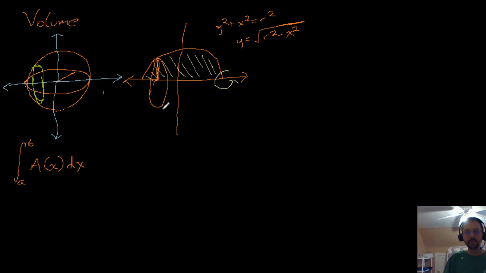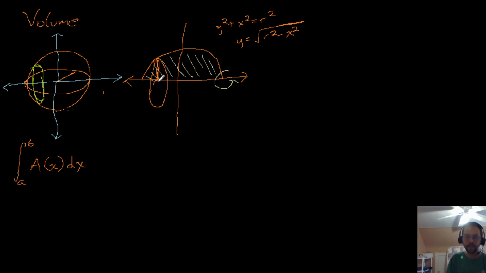To find the volume of this slice, we're going to take the area times the thickness. And in this case, we want the thickness to be dx, just like when we did finding the area under a curve, where the base of the rectangle was dx.